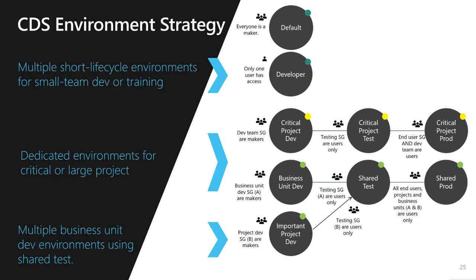This is one example of an environment strategy: you can use a single environment for individual developers to do some training or proof of concept at the beginning of the project, or you can use a dedicated environment for critical or ERP-scale projects from development to test and then release to production for end users. Or you can create multiple sets of dev environments by different business units that come together in a central test and production environment.